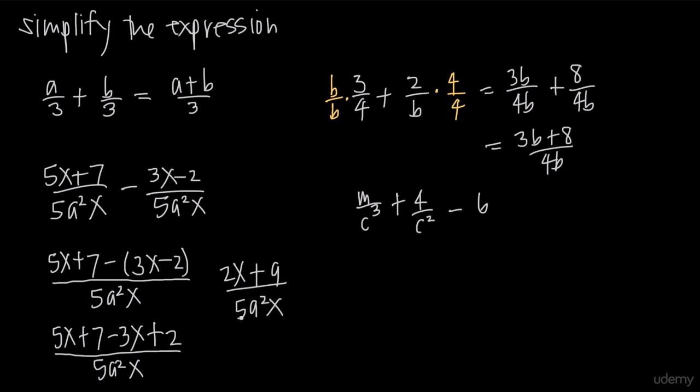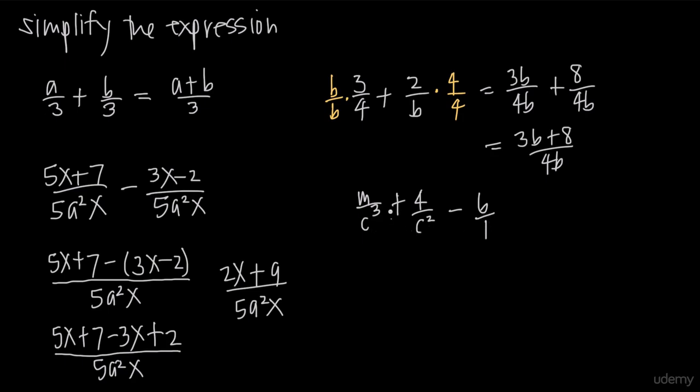x as our answer. Looking at the last problem here, we have m over c cubed plus 4 over c squared minus 6. The first thing we need to realize is that 6 is actually 6 over 1. Now we've got three fractions which we can deal with by finding a common denominator. Our denominators are c cubed, c squared, and 1. So what's the least common multiple of c cubed, c squared, and 1?